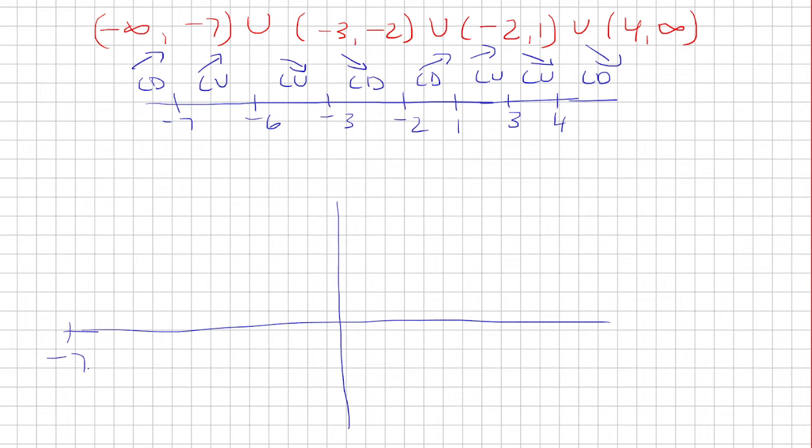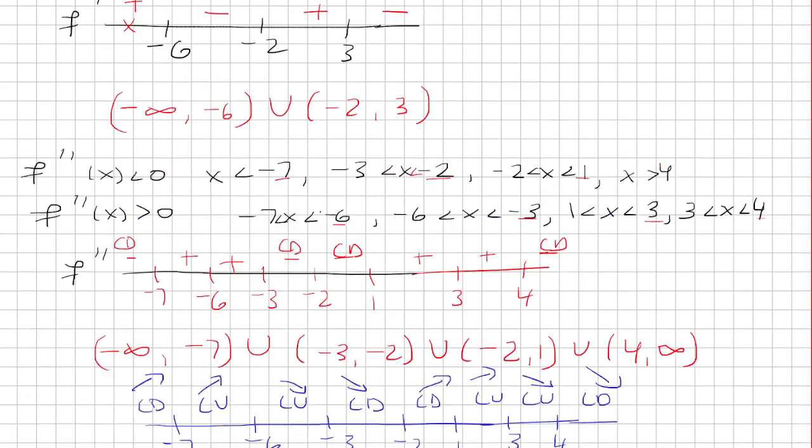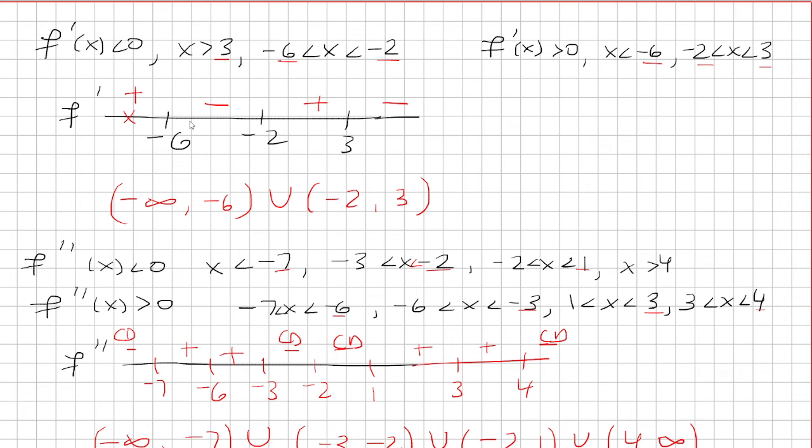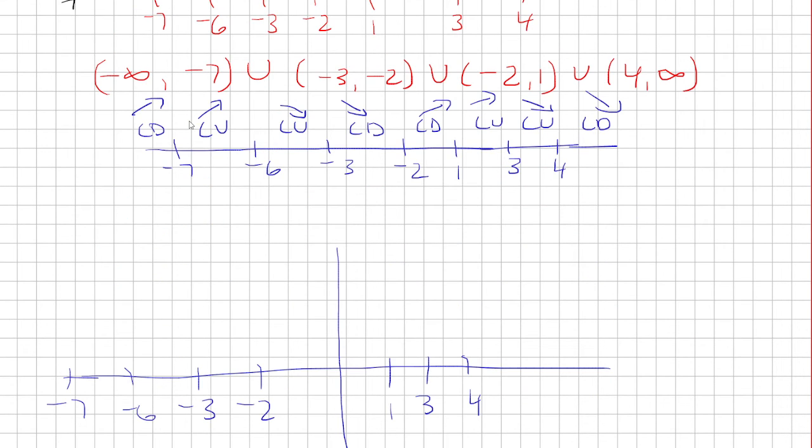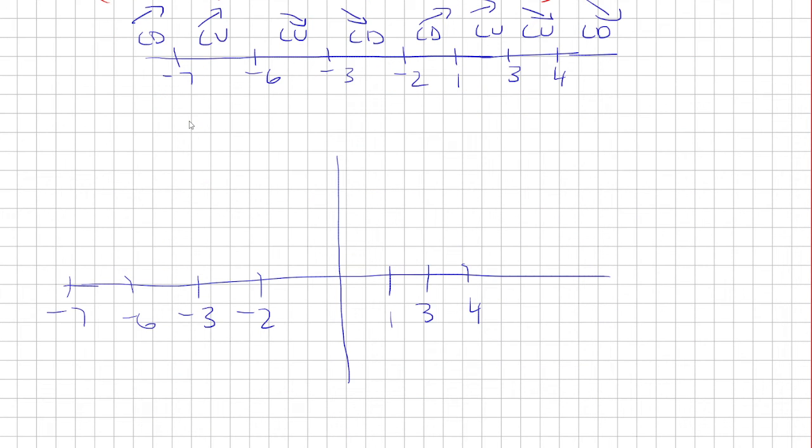We'll start off with negative 7, negative 6, negative 3, negative 2, and then 1, 3, and then 4. This is not going to be drawn to scale, and we don't have f of x, so we can't figure out the values of y. We just need to get roughly the picture here.